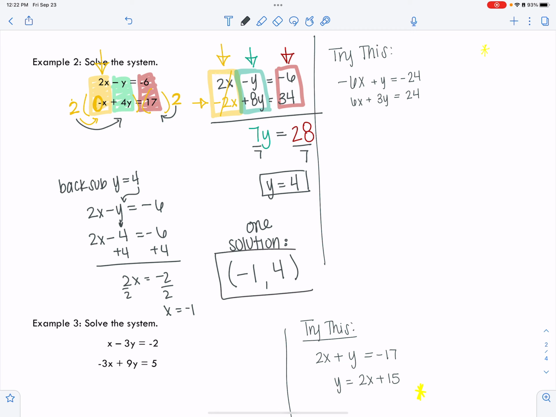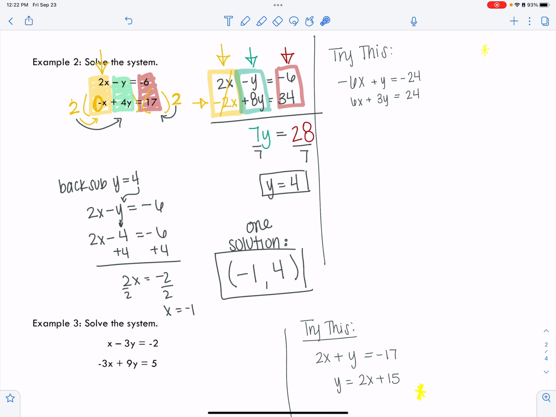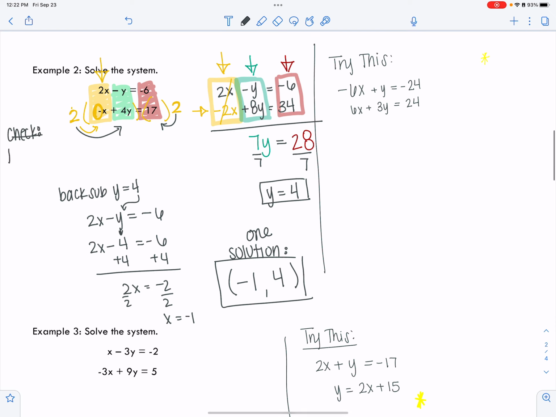Now, putting this back into context, what that means is these two lines, if I were to graph them, would intersect at the point -1, 4. I didn't mention it with example 1, but I can check these. To check, you would plug in x equals -1 and y equals 4 to both equations and make sure it's true.